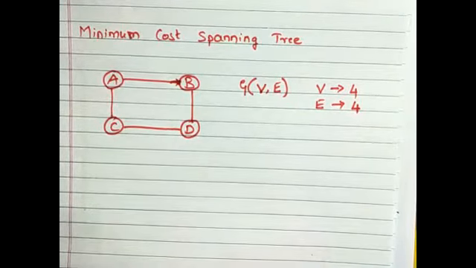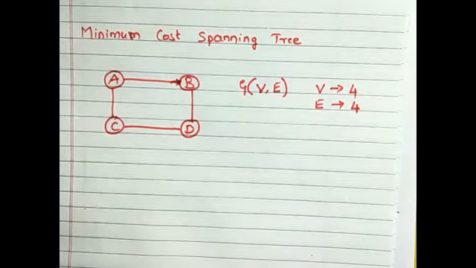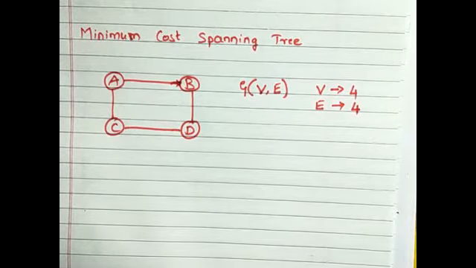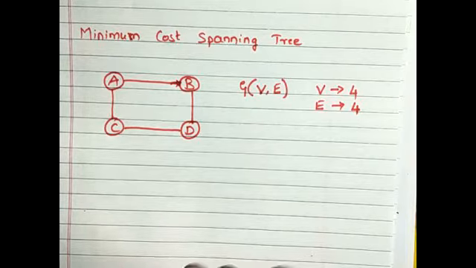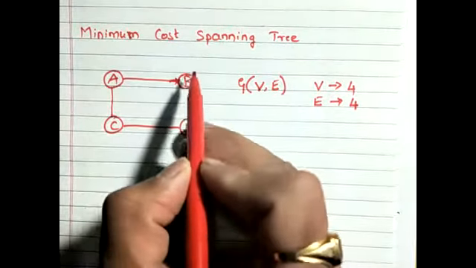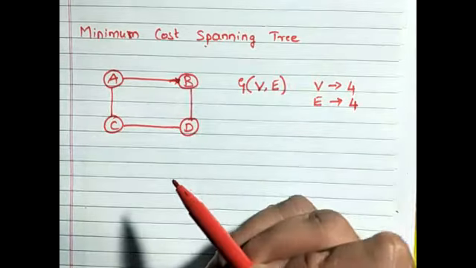Now, the second concept is something called a tree. Again, a tree consists of certain vertices, and those vertices are connected through the edges. Here we're trying to understand something called a spanning tree.